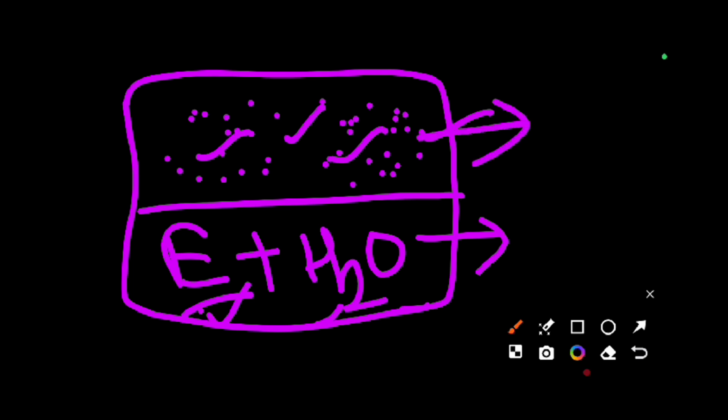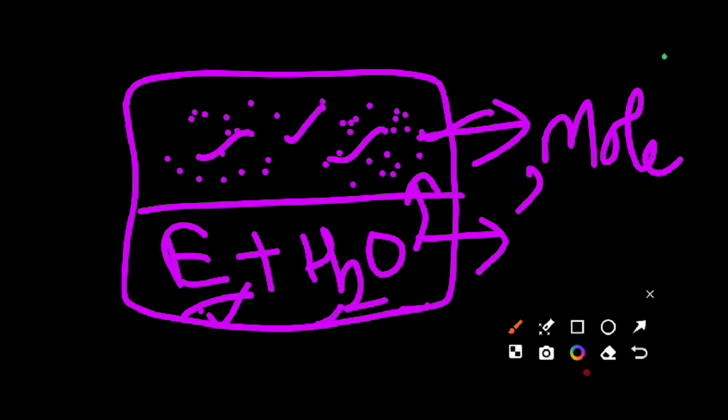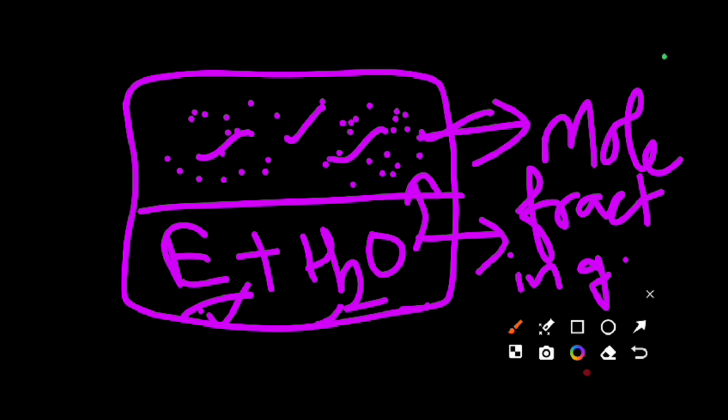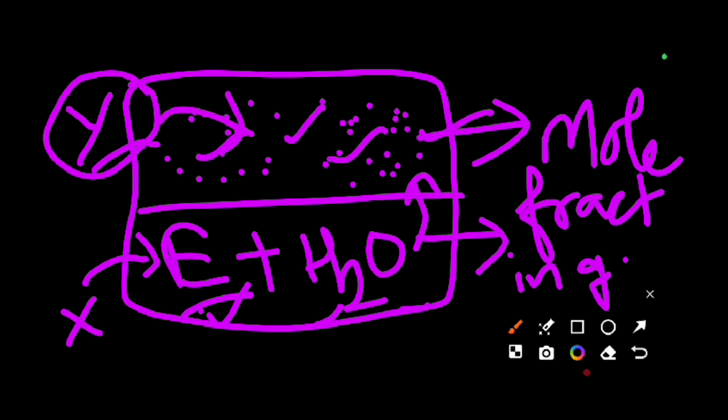If any molecules in the gaseous state are present above the surface of the liquid, then this is the mole fraction in the gaseous state, which is represented by Y. If molecules are present in the liquid state, then we take the mole fraction with the symbol X. So Y is the mole fraction in the gaseous or vapor state, and X is the mole fraction in the liquid state.